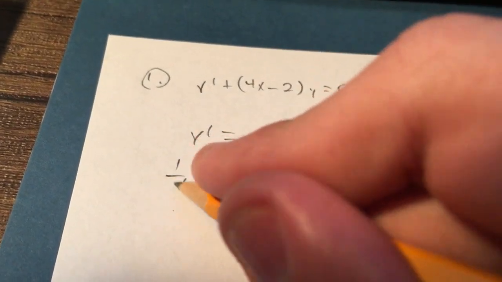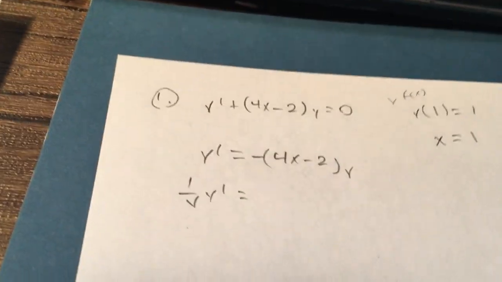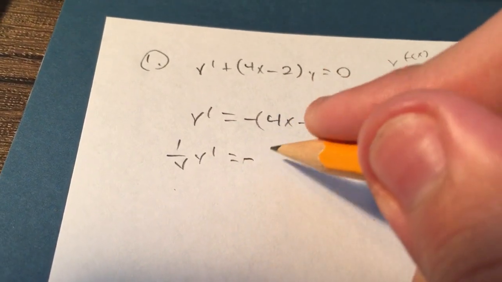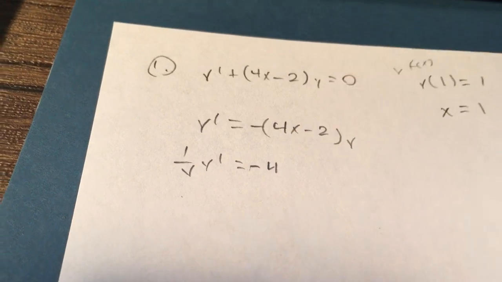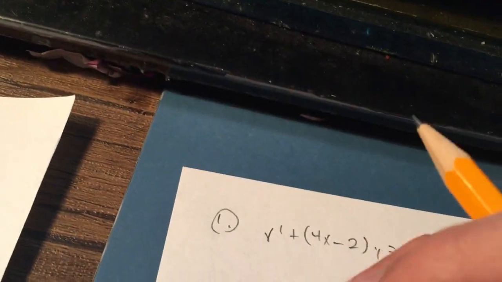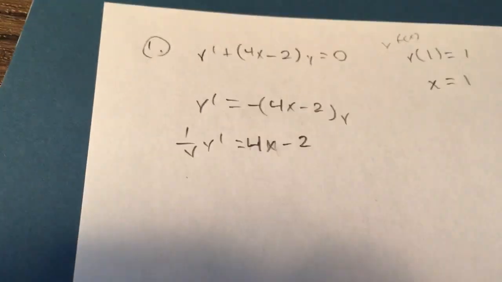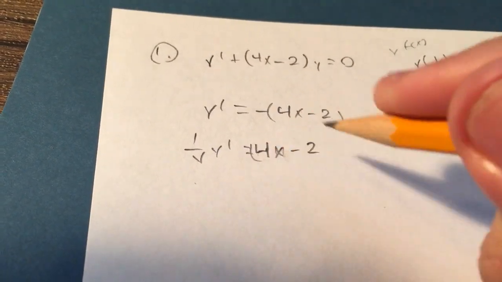So it's 1 over y prime equals, let's not distribute the negative yet, because we want to pull it out. You'll see what I mean. 4x minus 2.